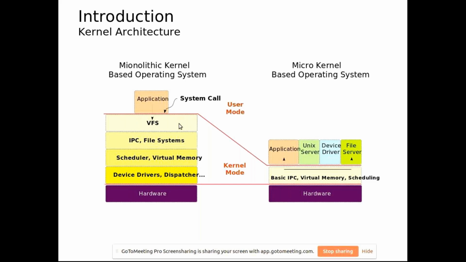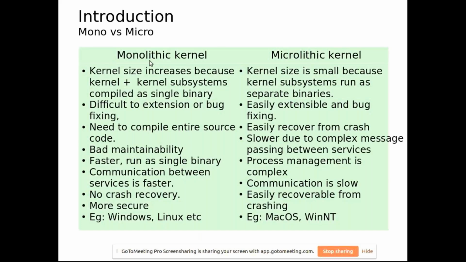Right, so let's go through the differences between the two. The monolithic kernel size increases because the kernel and the kernel subsystems are compiled into a single binary. In the microkernel, the kernel size is small because the kernel subsystems run as separate binaries. The monolithic kernel is difficult to extend or bug fix because all the components are in the same layer.